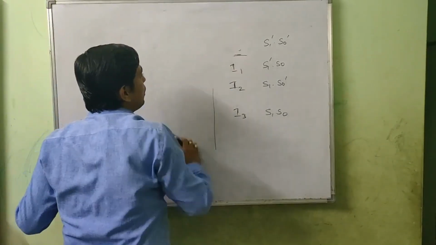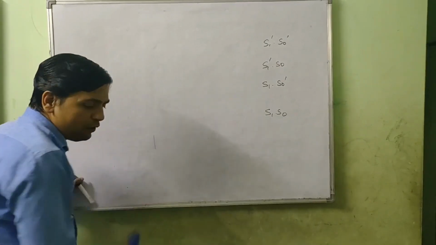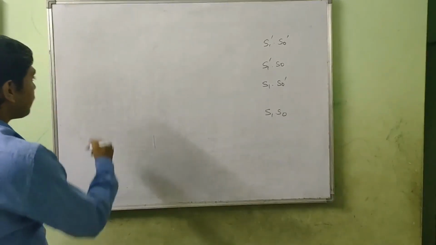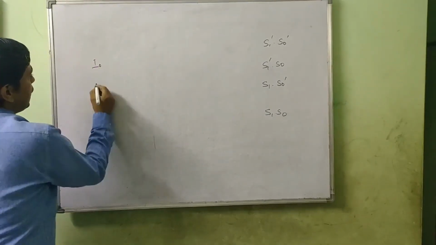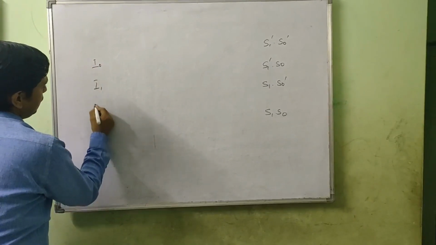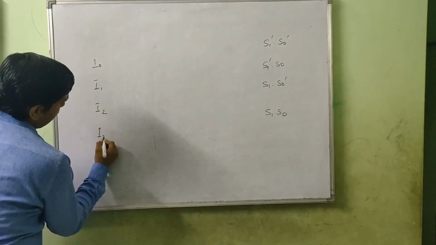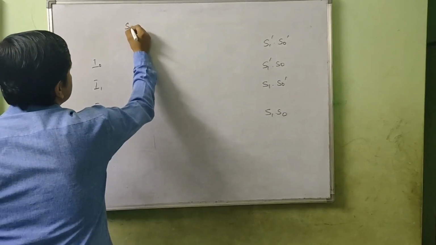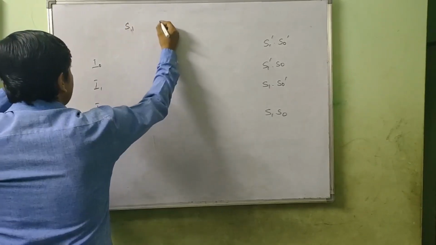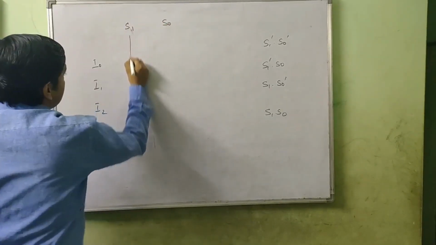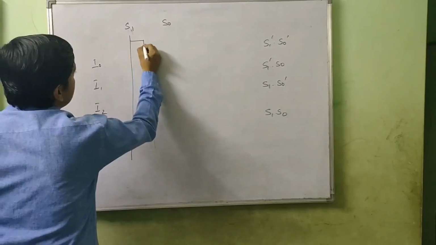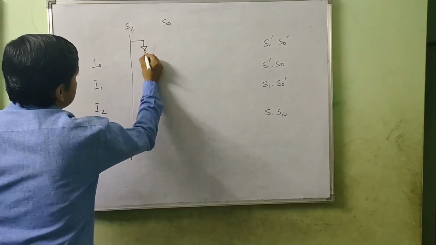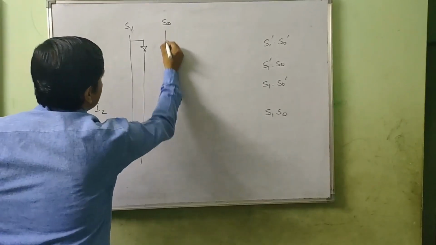I0, I1, I2, I3, they will always be 1. So let me make them first. I0, I1, I2 and I3. S1 and S0, so there will be 2 possible lines in normal and in complement form.